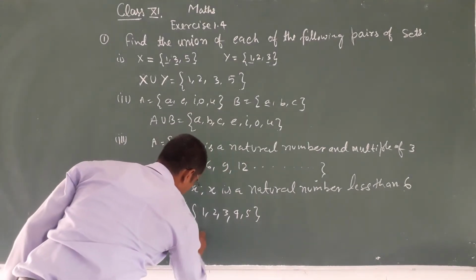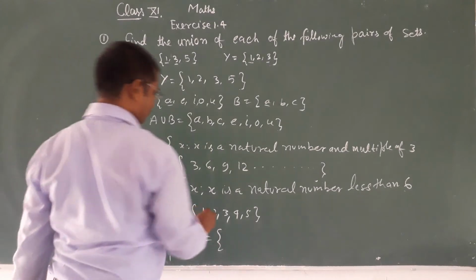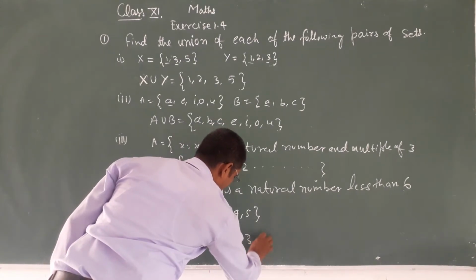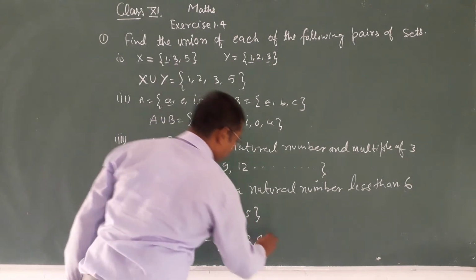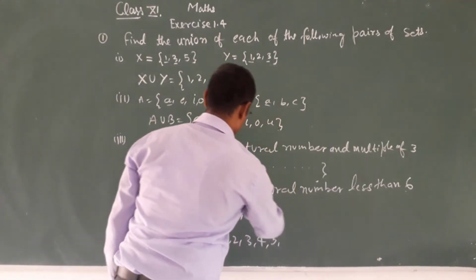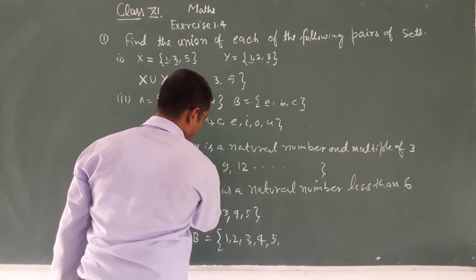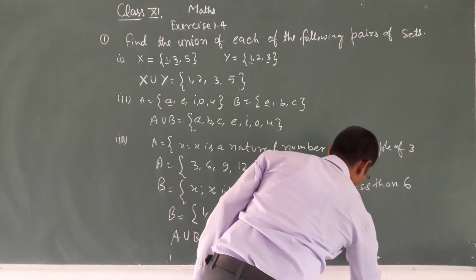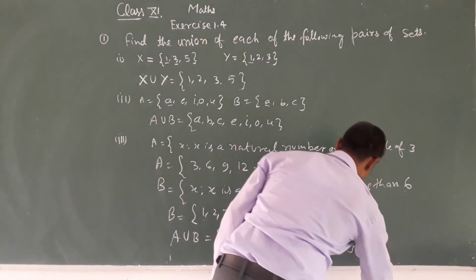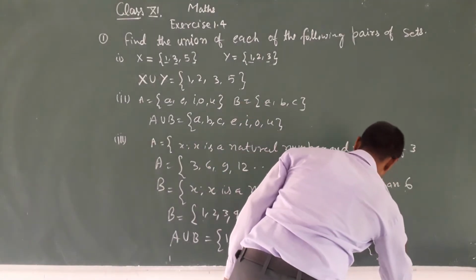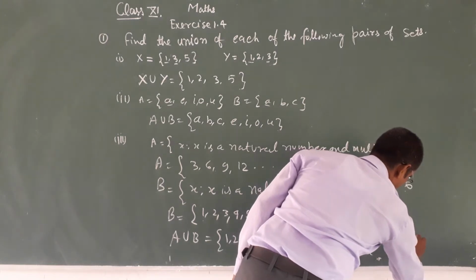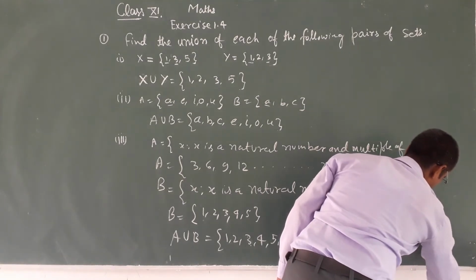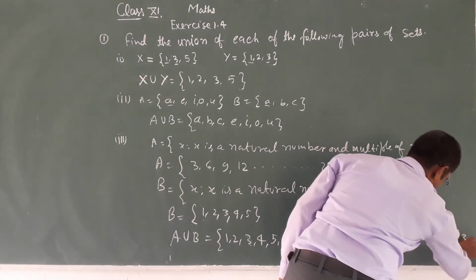So A union B is equal to the set of 1, 2, 3, 4, 5 and also 6, 9, 12, and so on, with 3 common. So you can also write that 1, 2, 4, 5 are not multiples of 3.